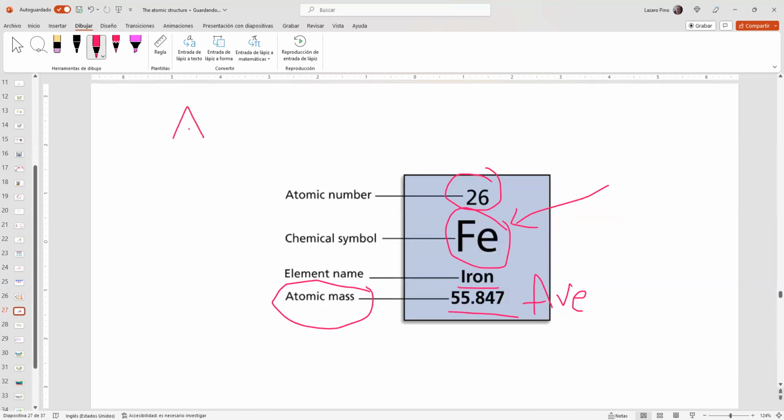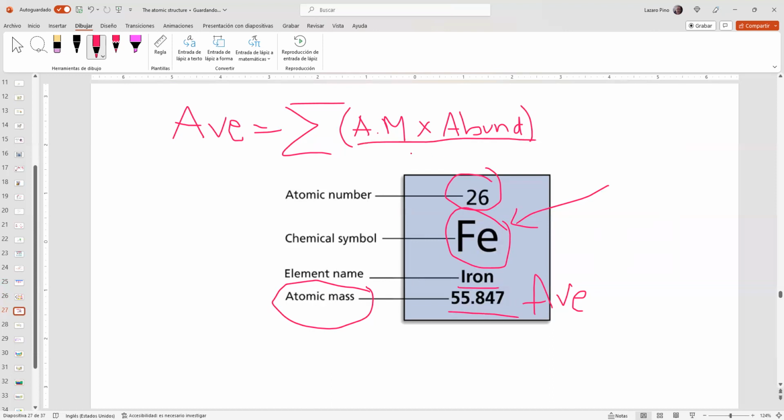What is the meaning of that? Well, the average is the sum of the multiplication of the atomic mass of an atom times the abundance of this element, divided by the number of isotopes.